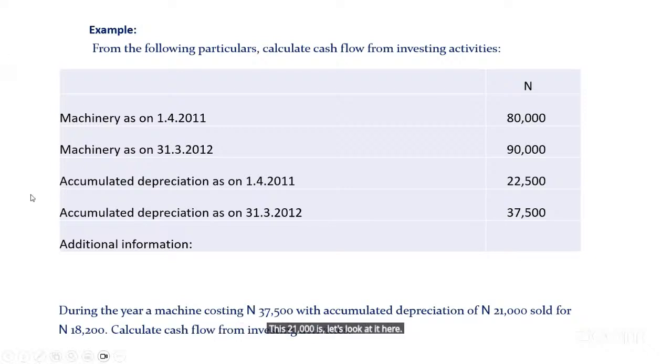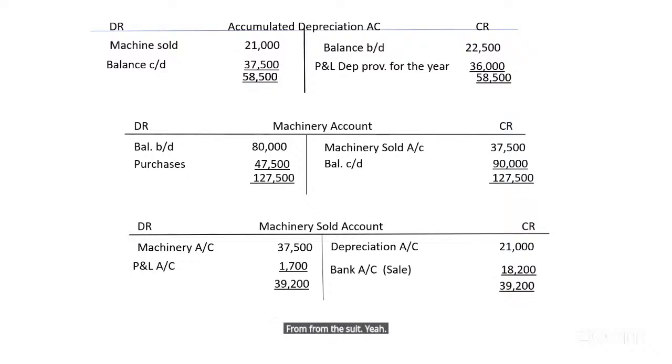It said during the year, a machine costing 37,500 naira with accumulated depreciation of 21,000. Can you see this figure here? Yes. That's why we got this figure. We got it from the sale. Okay.